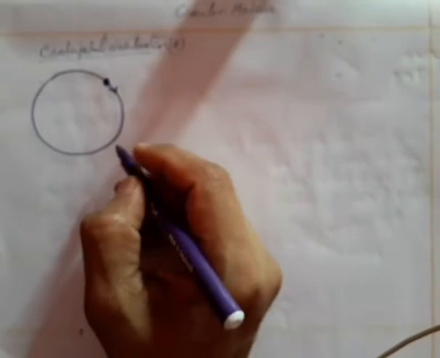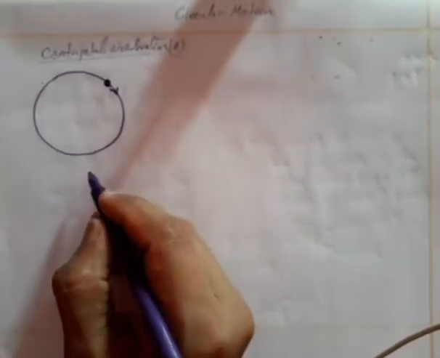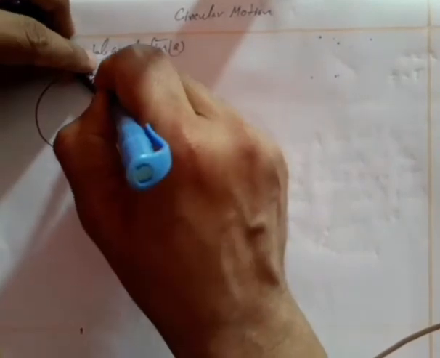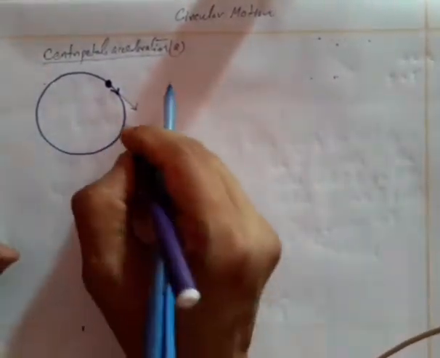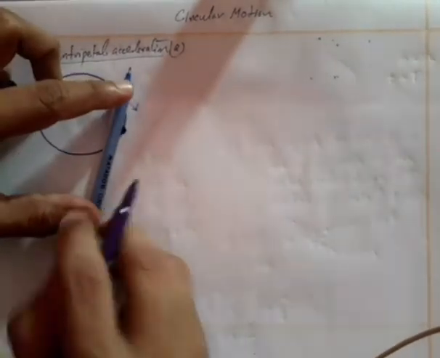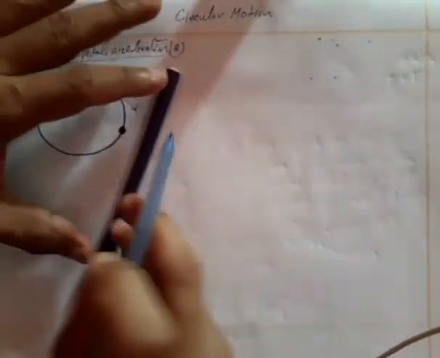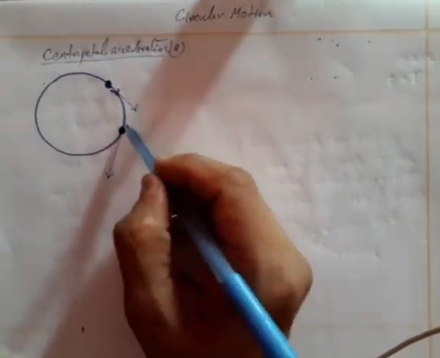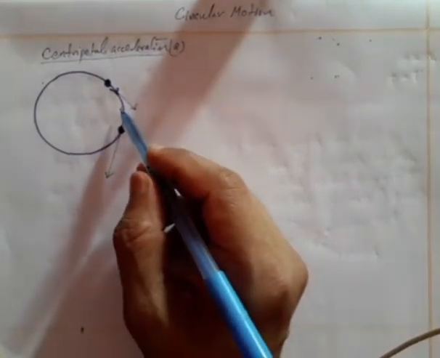So when something rotates in a circular path, though the speed is constant, the direction of the object is continuously changing, and that's why we say the velocity is changing. Here we are drawing two random positions of the object and drawing the direction of this object at a particular moment.